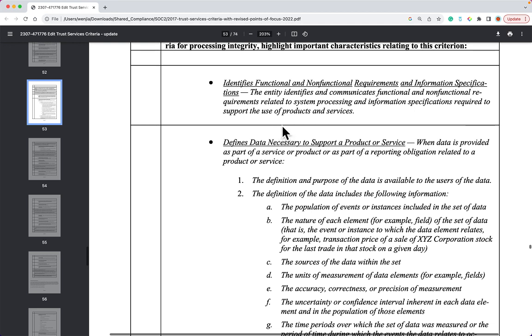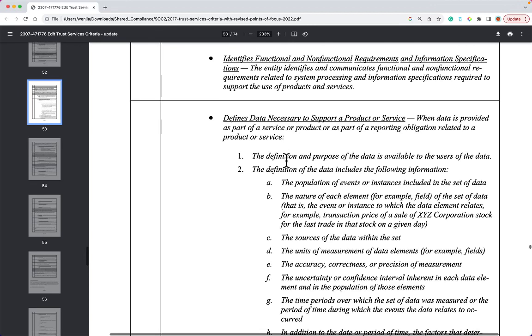Then what kind of data you need to deal with, and for every software product you make, you need to clarify what information you need and how you're going to use it.